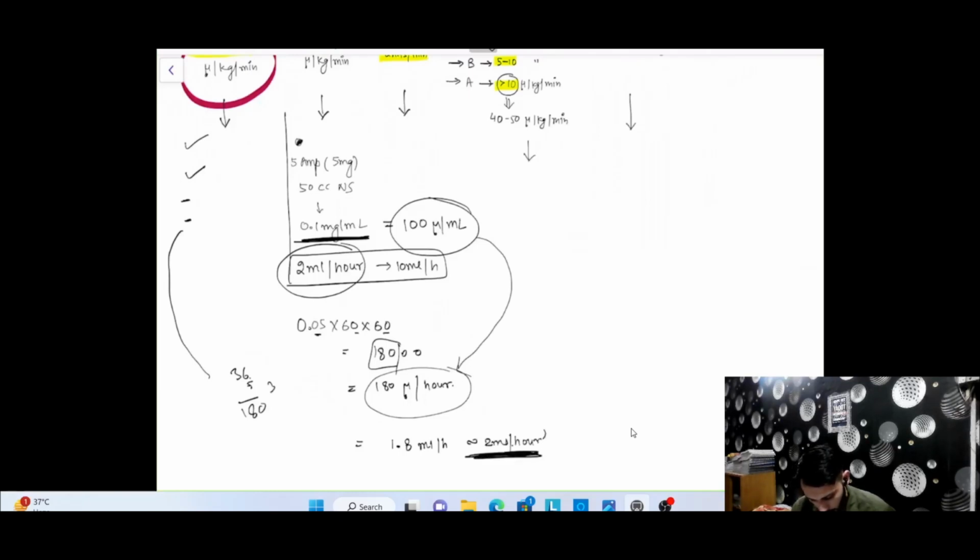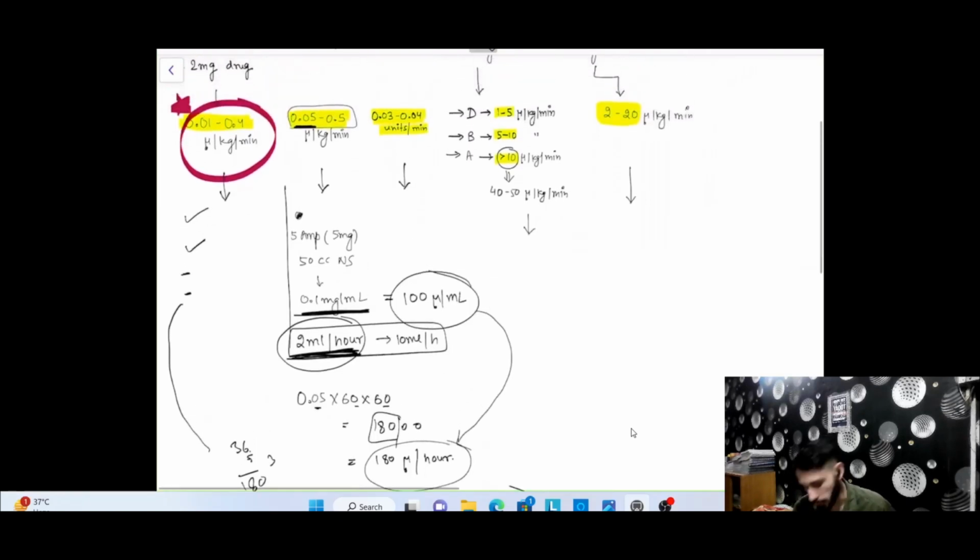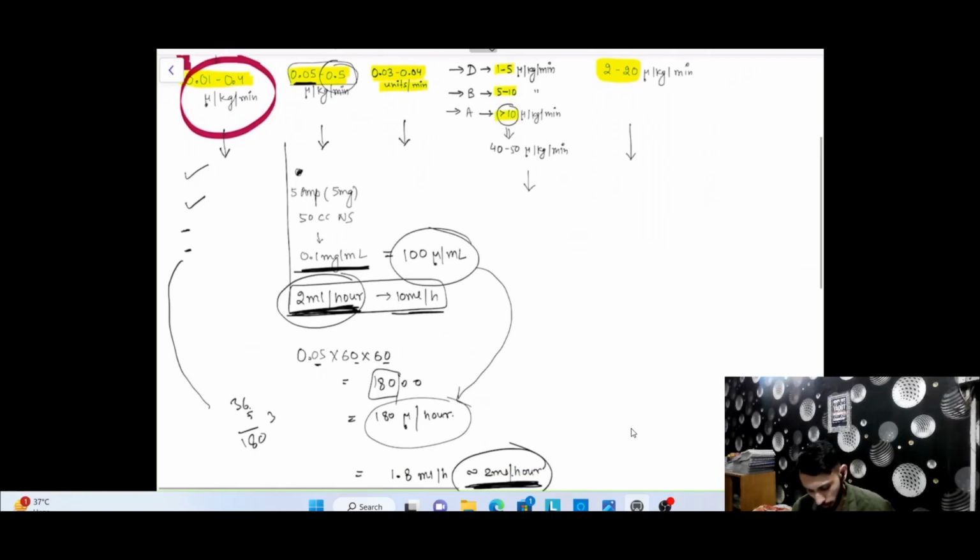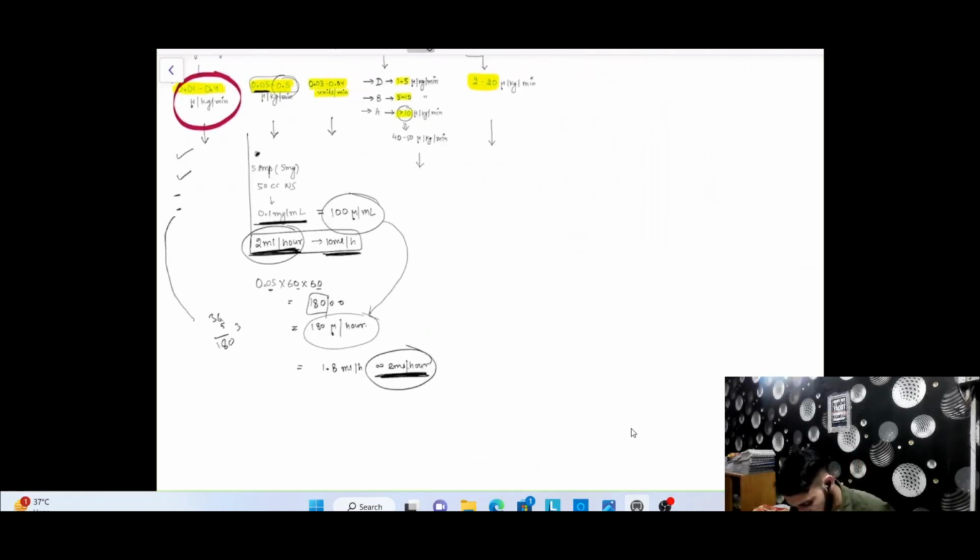That is why the minimum rate to start with in a usual adult male is 2 ml per hour, and if we calculate it by the maximum, that is 0.5, that rate will come as 10 ml per hour. This is how you calculate how much rate you should begin and end at.